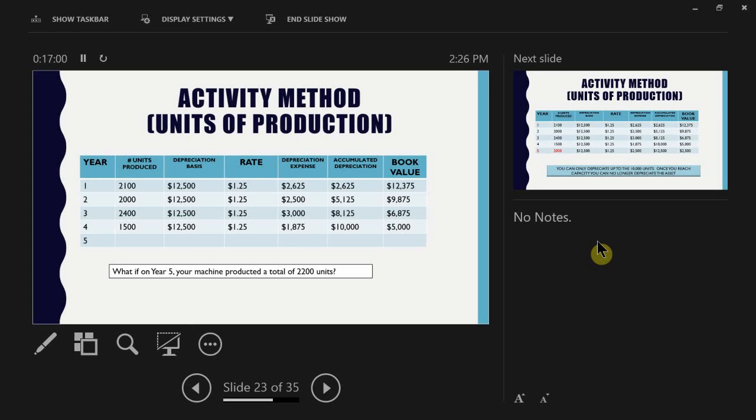However, what is the depreciation expense for that year? The depreciation expense is going to be your per unit rate multiplied by the units produced that year.